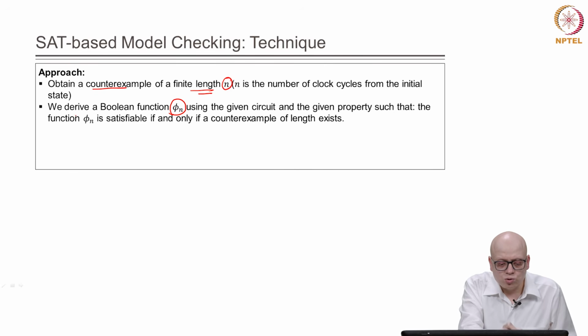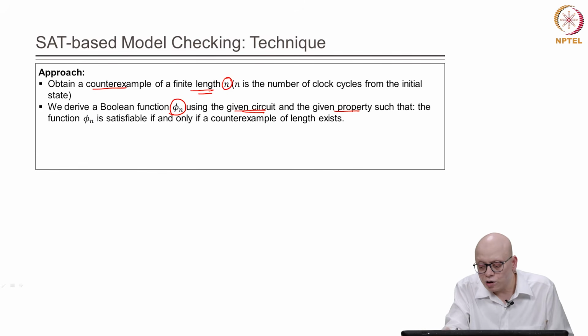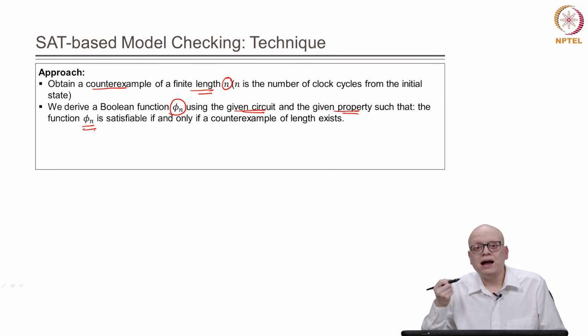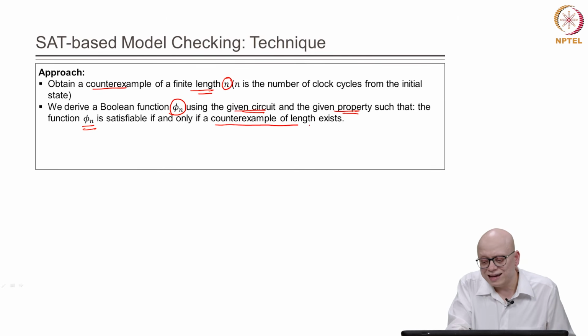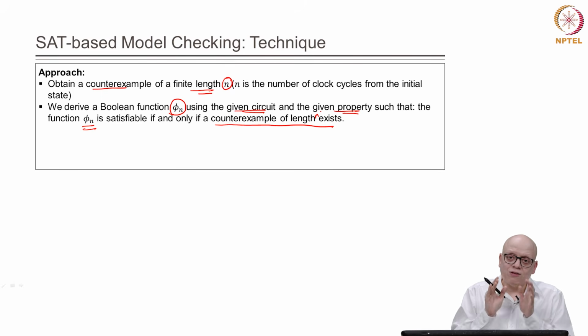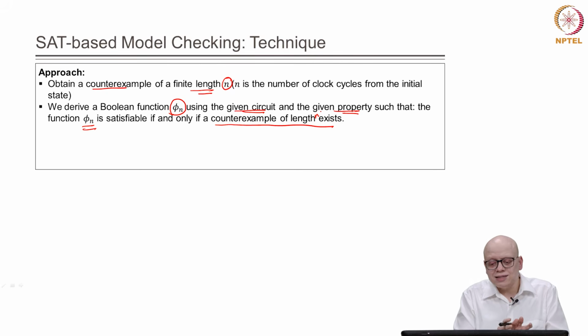The model checking tool will formulate a Boolean function phi n using the given circuit or given FSM and the given property, such that the function phi n is satisfiable if and only if a counter example of length n exists.